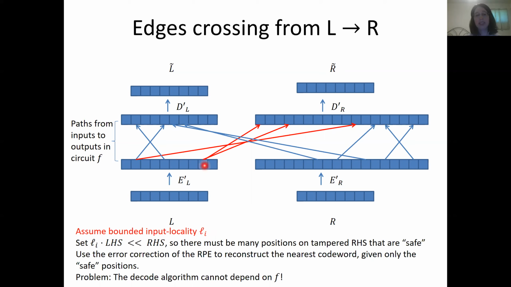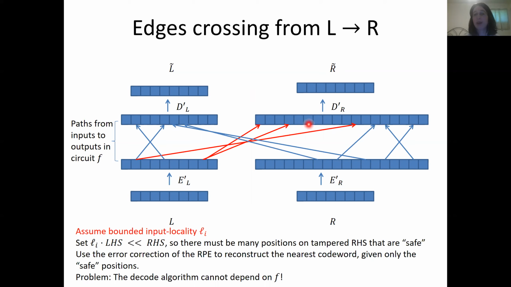What that means is that the number of edges going from the left to the right is going to be at most Li times the size of the left-hand side. And remember, since the right-hand side is a lot bigger than the left-hand side, this means that there are many positions on the right-hand side that are safe. What do we mean by safe?